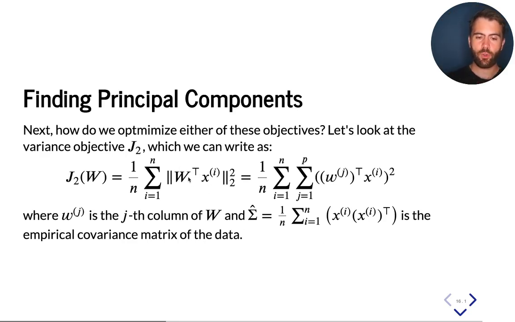So W is again, recall, a matrix where each column is an orthonormal vector, and that is our orthonormal basis. And I can just expand the definition of the L2 norm, and this objective is going to have this particular form. This is just the definition of the L2 norm.